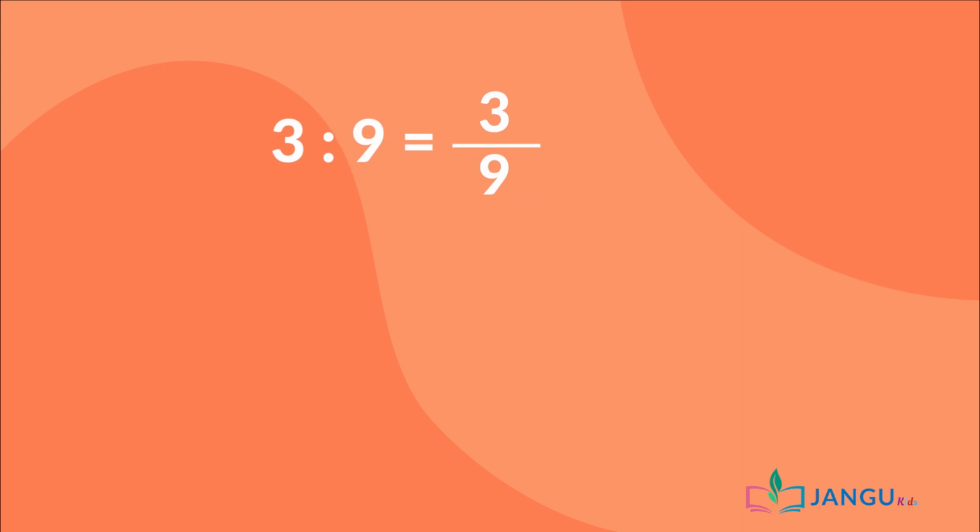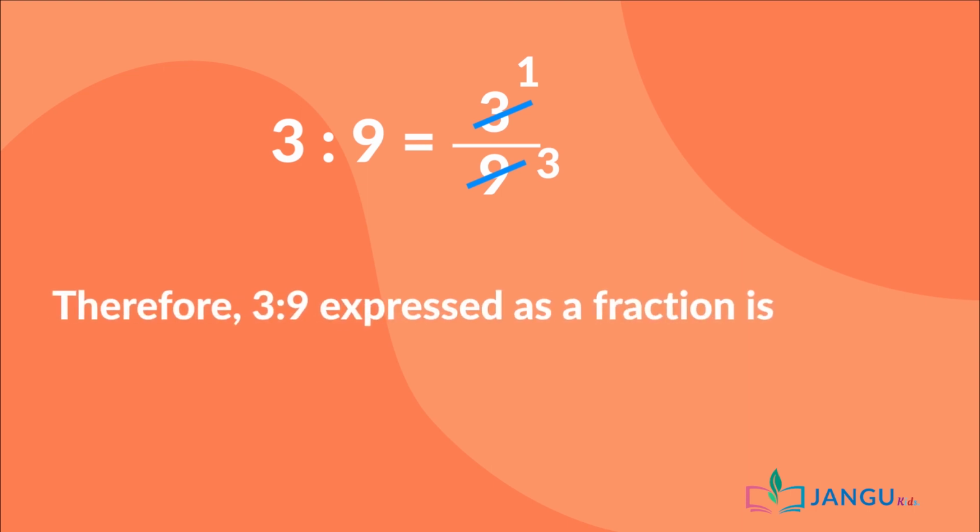This fraction can be simplified to 1 over 3 if we divide the numerator and the denominator by 3. Therefore, 3 to 9 expressed as a fraction is 1 over 3.